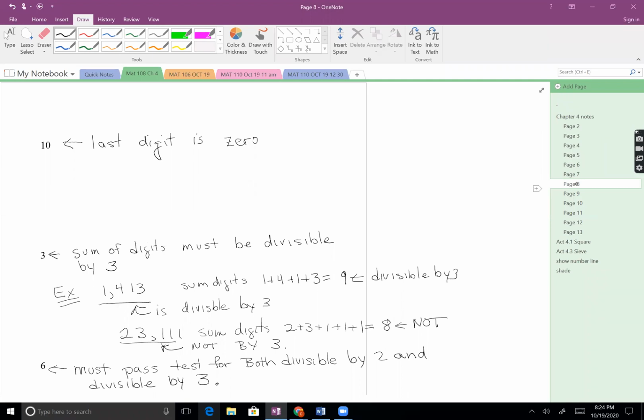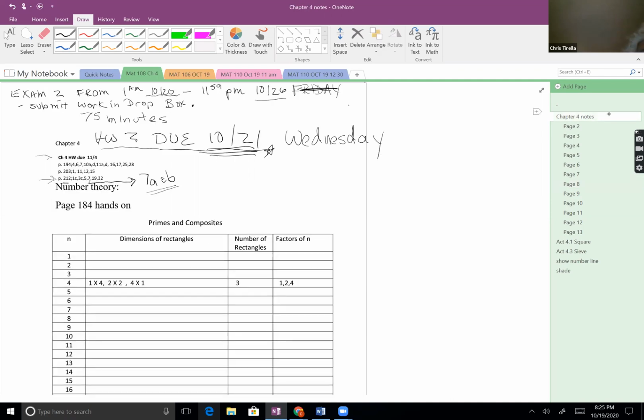Yep. Before we do that, while you folks were working on something, I took a quick look back and we've covered the first 2 sections of this homework. And so you should be able to handle the problems on page 194 and 203.